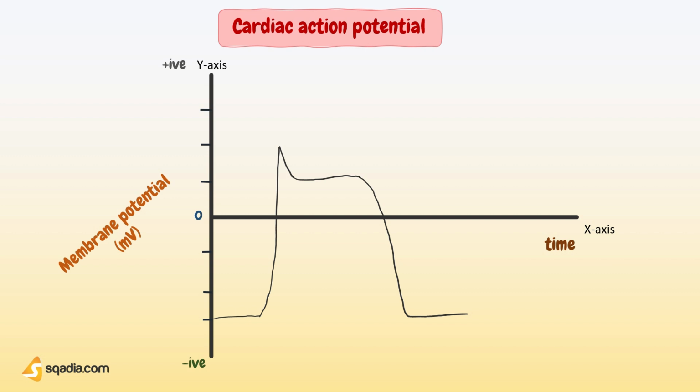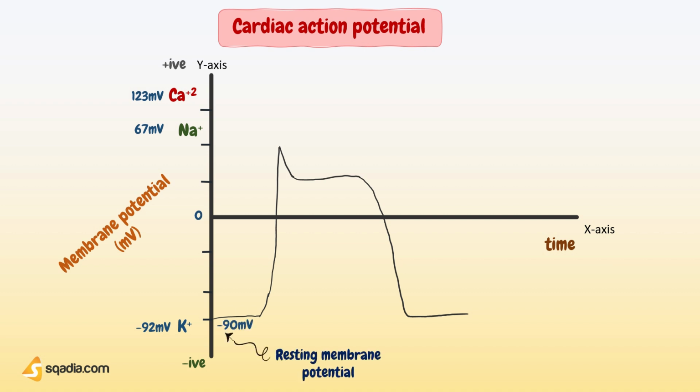The major ions that mostly influence cardiac action potential are calcium, sodium, and potassium. I am writing them according to their respective equilibrium potentials: 123 for calcium, 67 for sodium, and -92 millivolts for potassium. And the resting membrane potential for cardiac myocytes is approximately -90 millivolts.